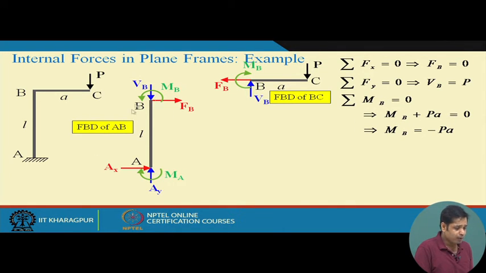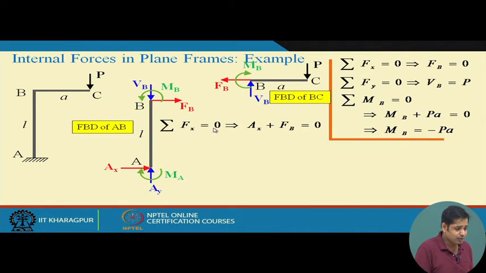Now similarly apply the equilibrium conditions to part AB. Fx equal to 0 gives AX plus FB equal to 0, and since FB equal to 0 was already obtained, AX equal to 0.